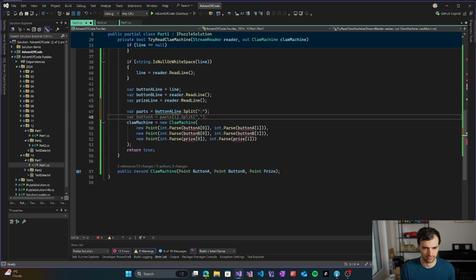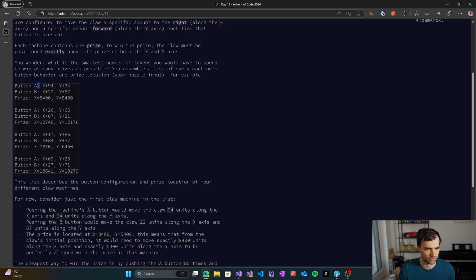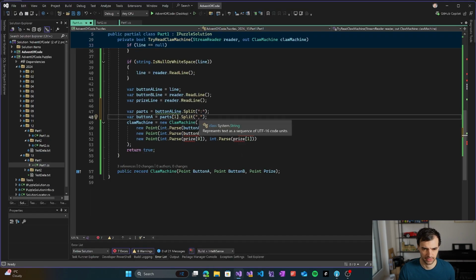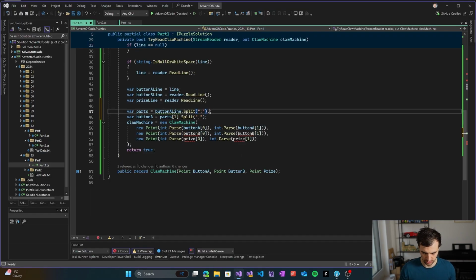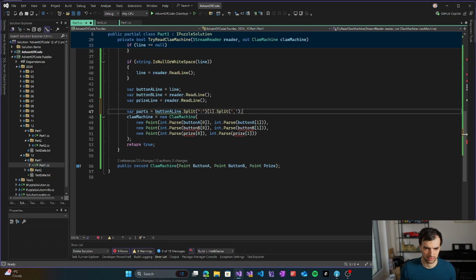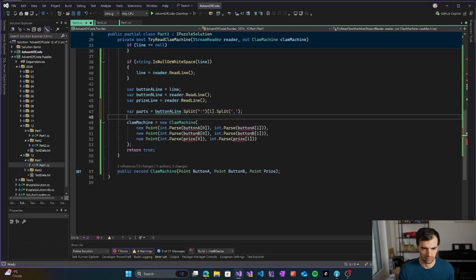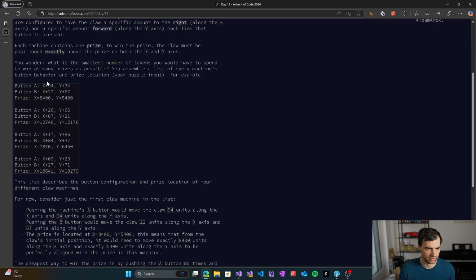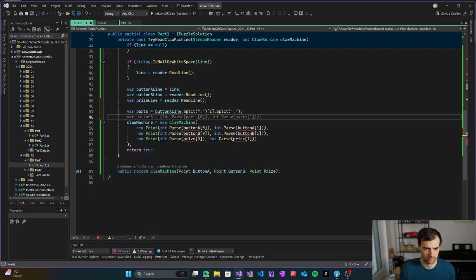Then we split parts 1, so that's the second part, by comma. So actually you can do it here, split by comma, and then we have the parts, each of them is X plus and Y plus.